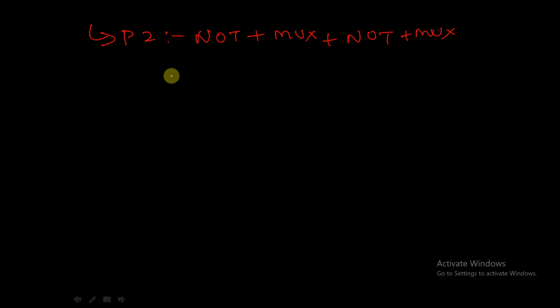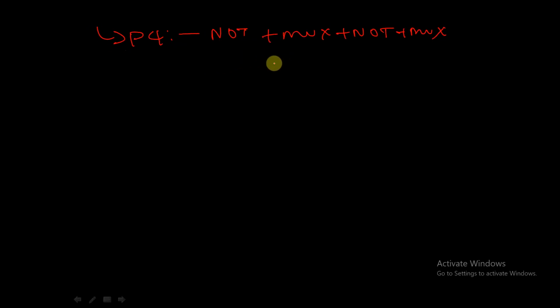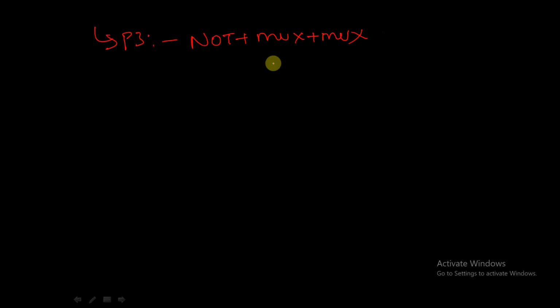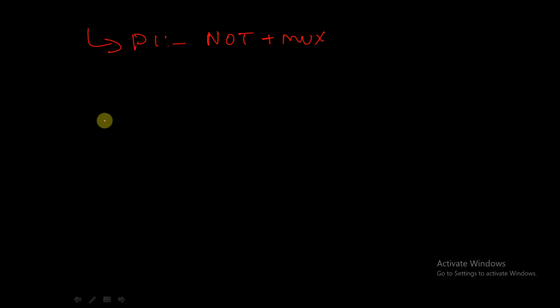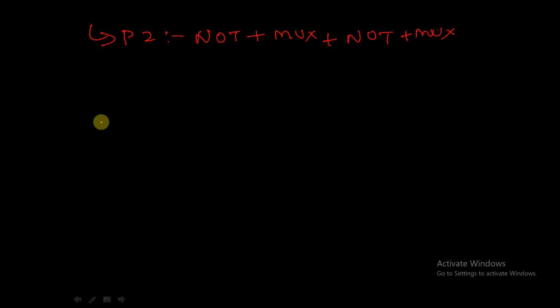Now, in which case can we get the maximum delay? What is the longest path or critical path, and what is the shortest path? Any wild guesses? Path 2 and path 4 are the longest paths, the remaining are shortest paths.